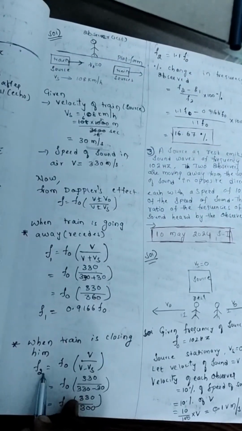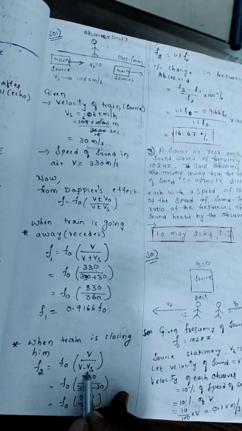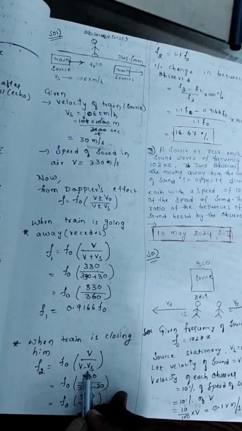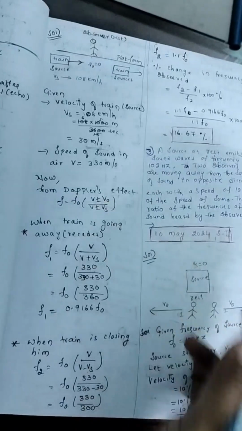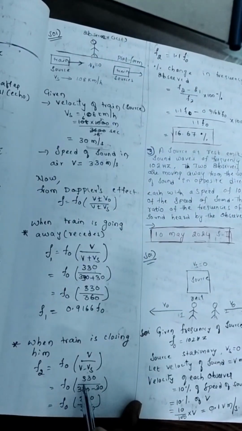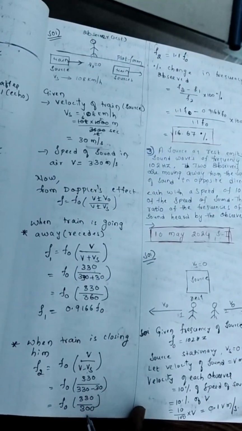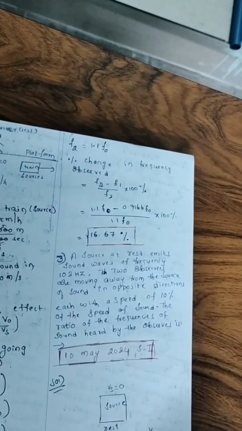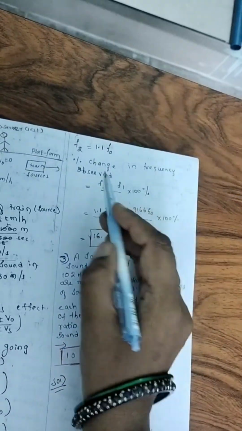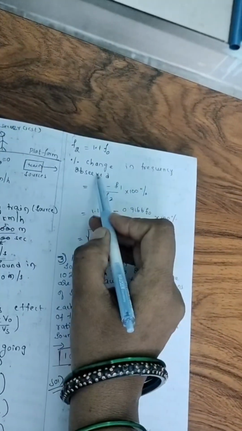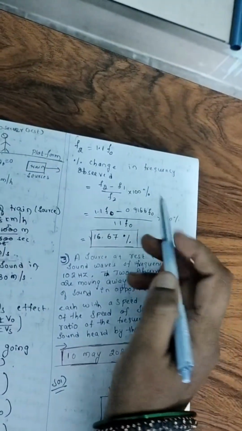For F2 to increase, we have to write minus Vs in the denominator, and V naught is 0, so we removed V naught in the formula. So F naught times 330 by 330 minus 30, you will get the answer as 1.1 F naught.